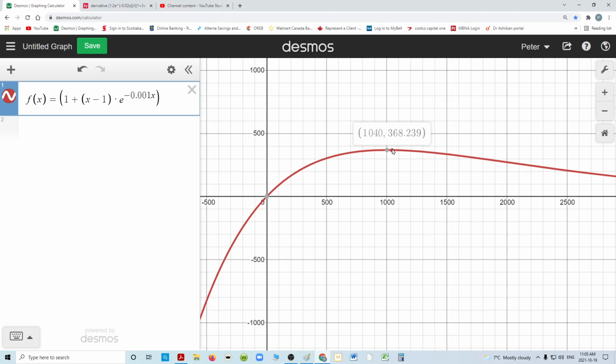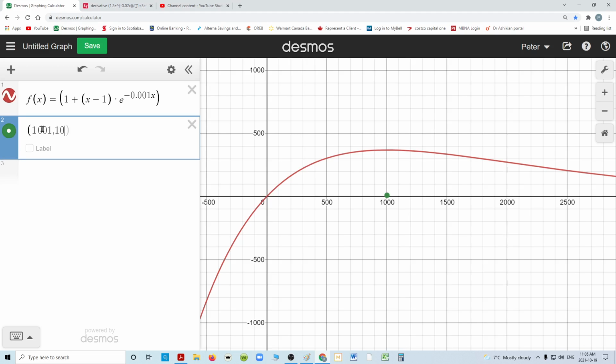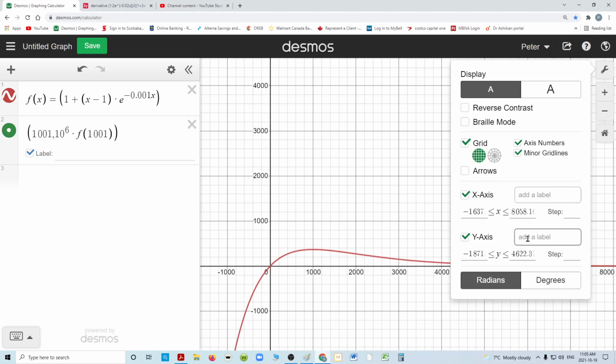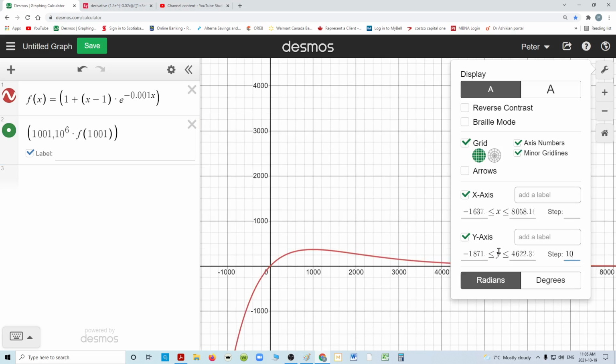So if I was going to find my y value, I would do 1,001, comma, 10 to the power 6 times my f of 1,001 to correct for it. So you'd have to change the y's for steps of 10 to the power 6.